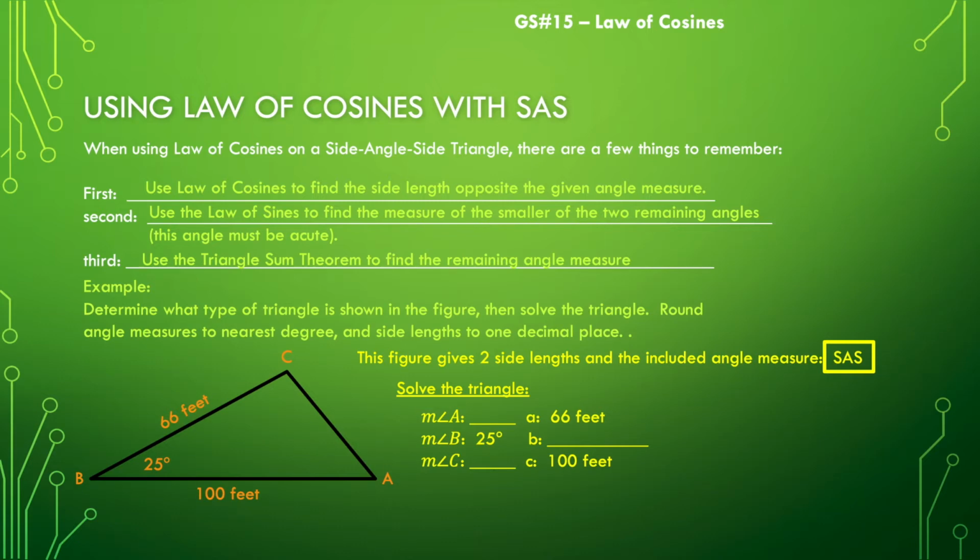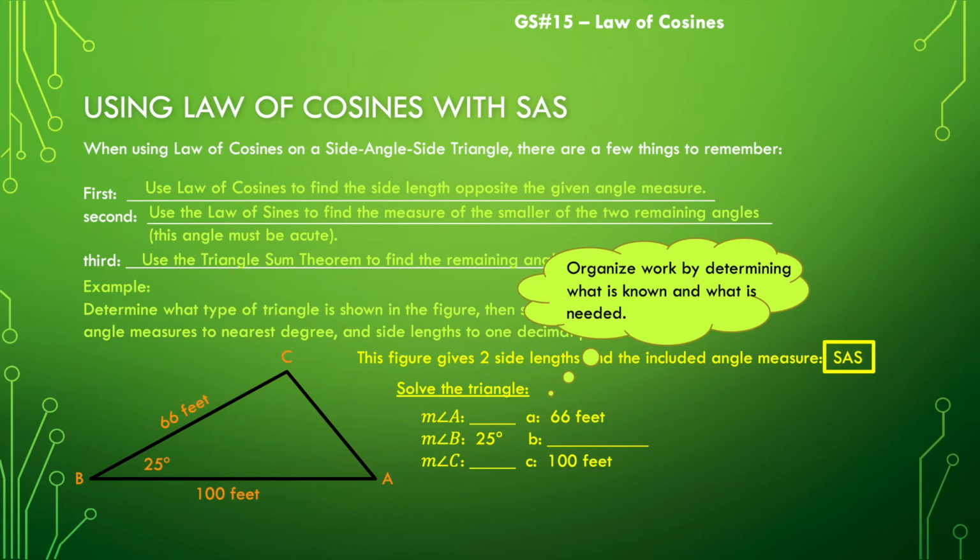It is helpful for us when we are wanting to do that to organize our work by determining what we know and what we need. After we do that, it's easy to use these steps and decide what we need to go to first.